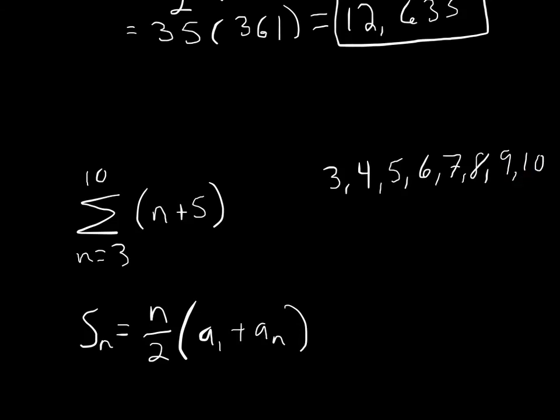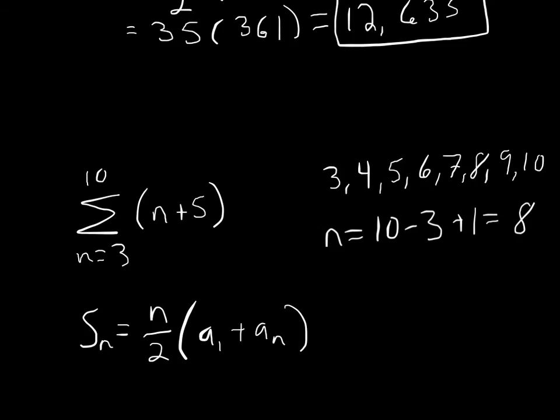Well, that's kind of weird. So the way that we do this is we take the upper limit minus the lower limit, and then we add one more. So n is equal to 10 minus 3, which is 7, plus 1, and that gives me those 8 terms.